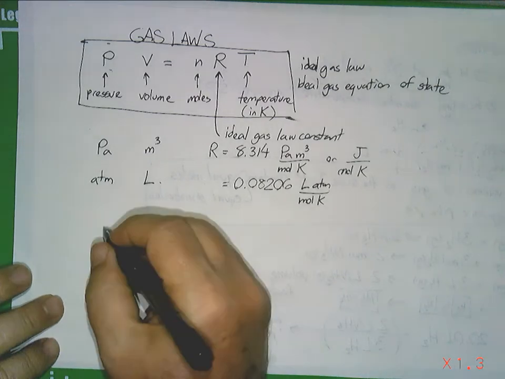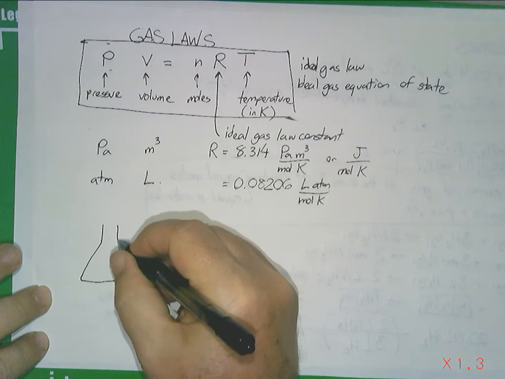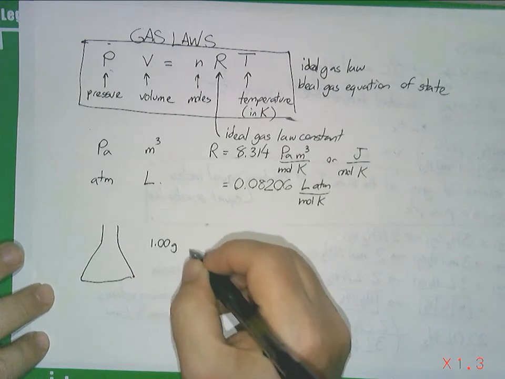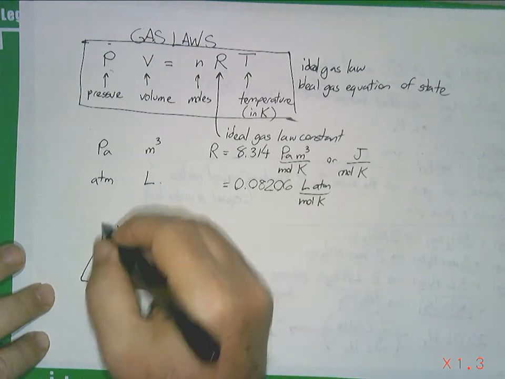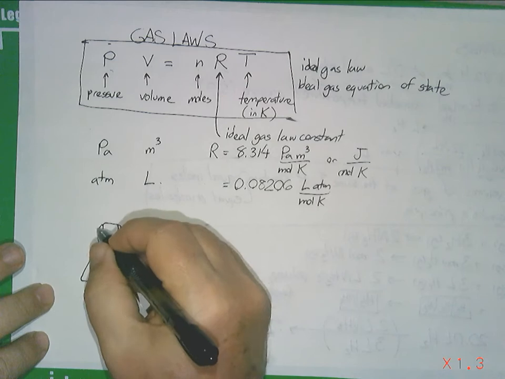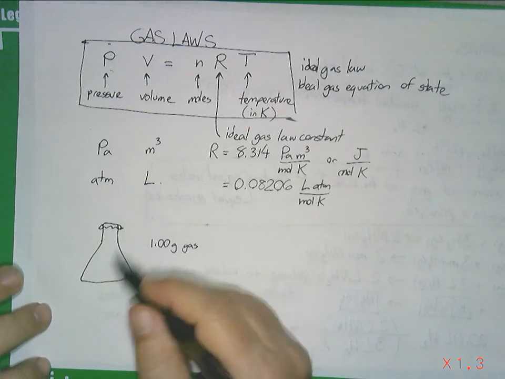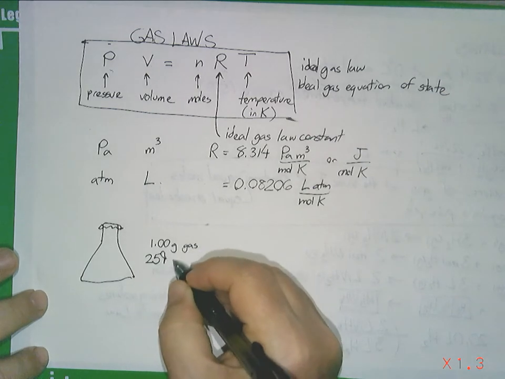For example, suppose I have a flask and it contains 1.00 grams of gas. And there's like a little foil cap on top of this. I'll tell you why in the next worksheet. We'll go back to this same flask. It is a volume of 259 milliliters.